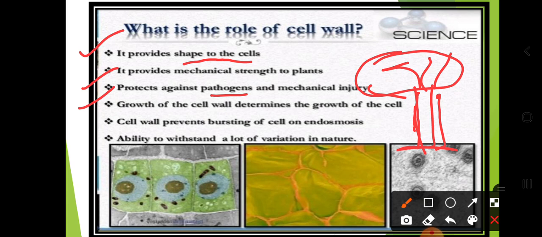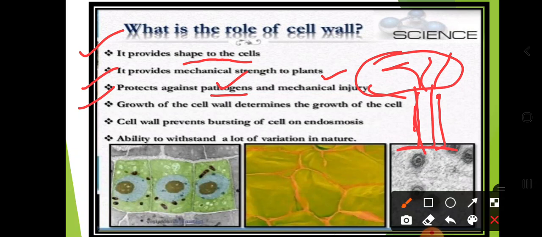When they enter into our body, what happens? The person gets a disease. So pathogens are harmful bacteria which cause harmful diseases. So what is the role of the cell wall? It protects against pathogens and against mechanical injury.